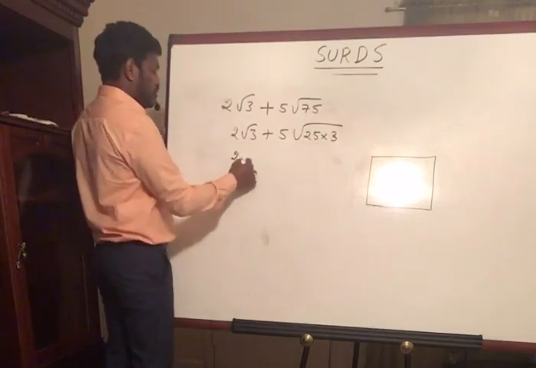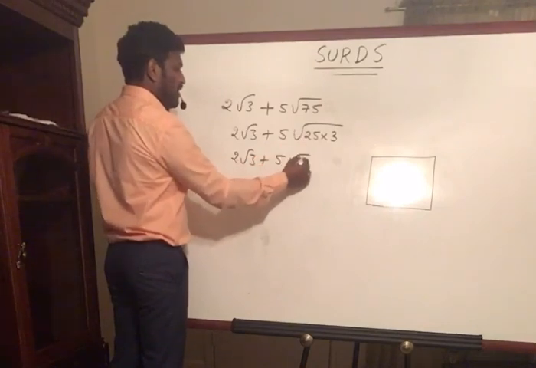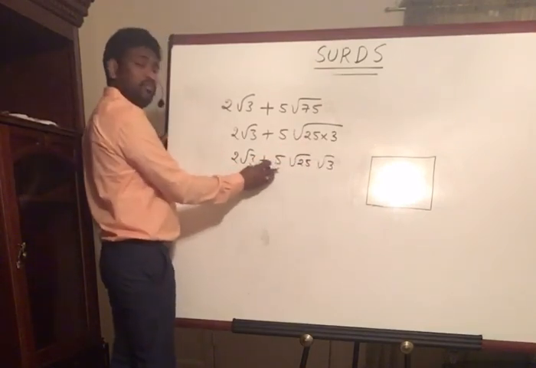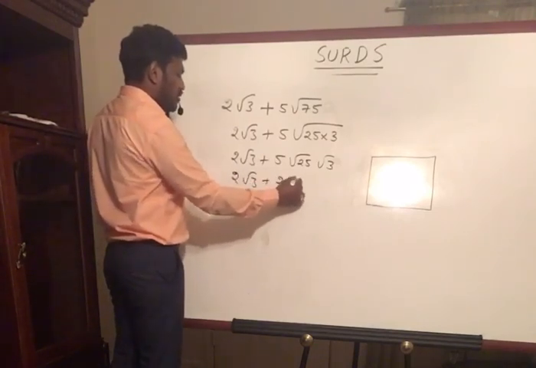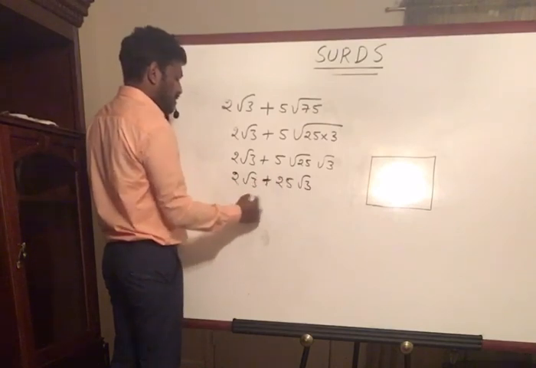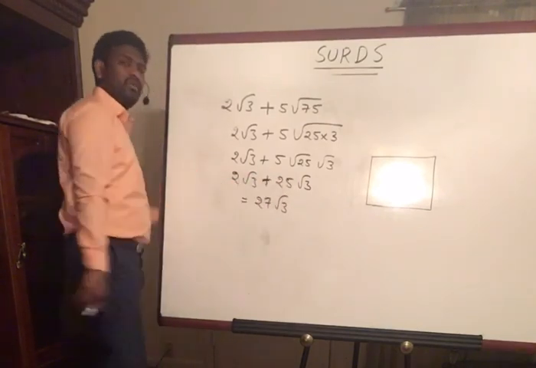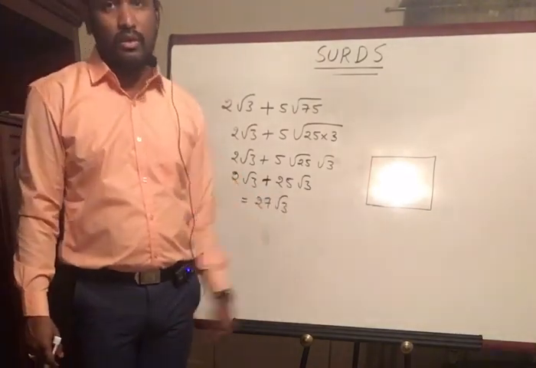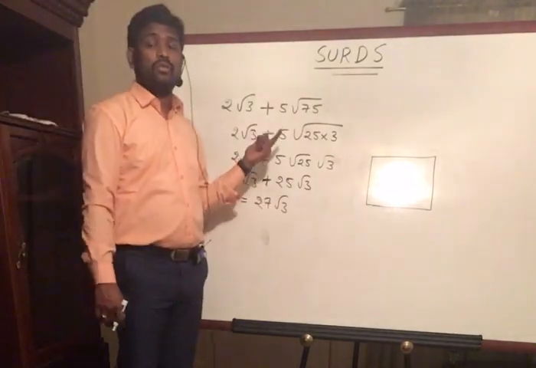So this is 2 root 3 plus 5 times square root of 25 times square root of 3. Square root of 25 is 5, and 5 times 5 is 25, so 2 root 3 plus 25 root 3 is equal to 27 root 3. 2 plus 25 is 27. This is how we can add the two surds.